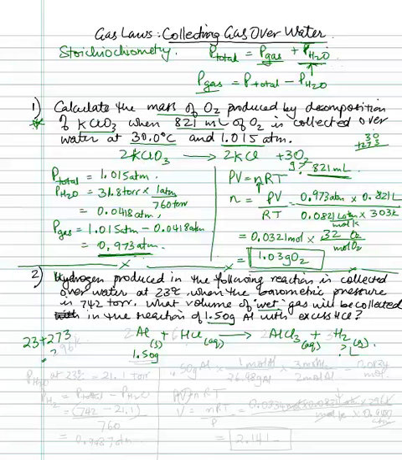And so this is 296 Kelvin, and then of course for the pressure, so now this is collected over water at 23 degrees Celsius, so we find the pressure of H2O at 23 degrees centigrade, and that is 21.1 torr.